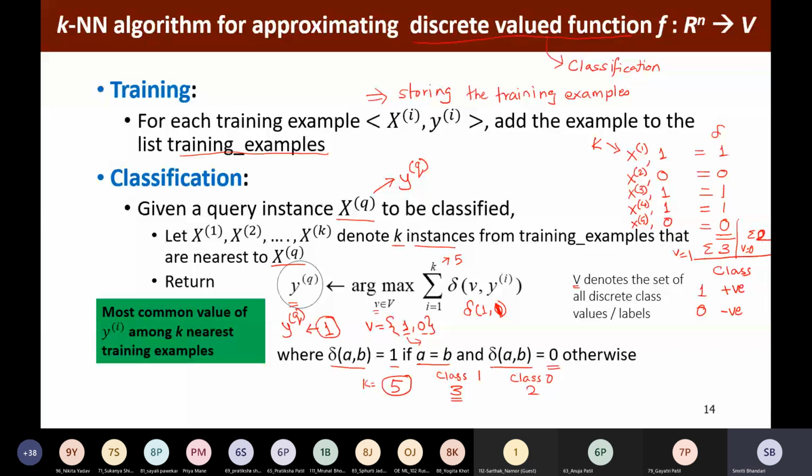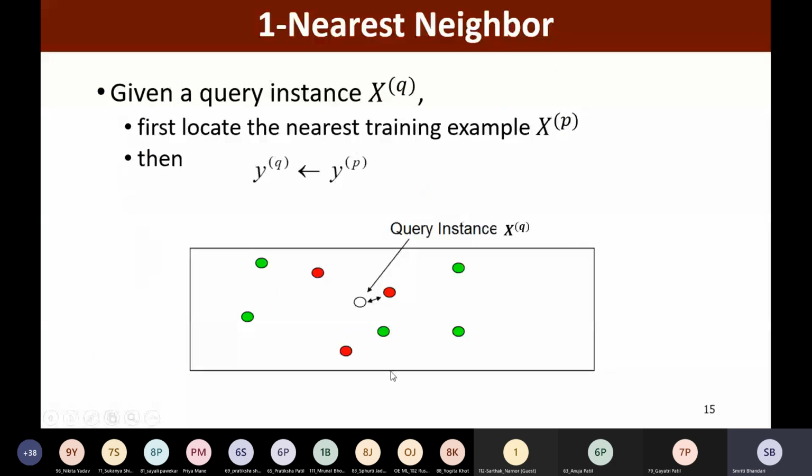Fine. So now let us see a few simple examples. If my k value is 1, then our algorithm becomes 1NN, or 1 nearest neighbor. Given this query instance, suppose this is our training data set and this hollow circle is our query instance xq.